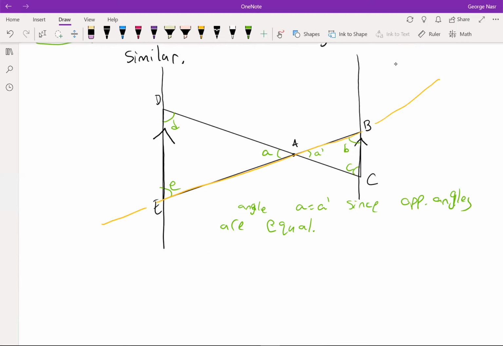Okay, so I've got my two lines and a transversal. And now the point is that because of the parallel postulate, angle B corresponds to this angle right here. So B equals E using parallel postulate, and also the fact that, again, opposite angles are equal.